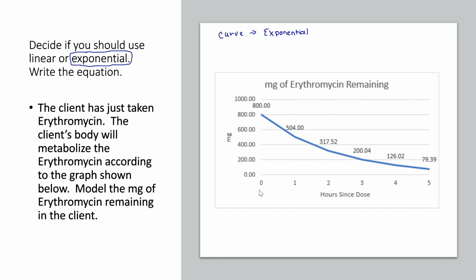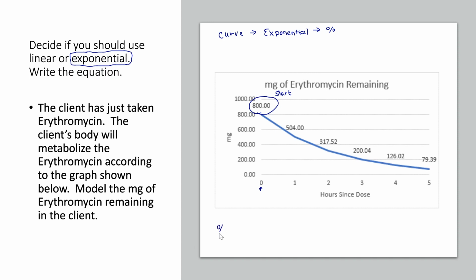So again, when I look at my graph, I notice that I have a time is 0 here, and that is really helpful so that I know this 800 is my start. Now, because it is exponential, instead of discussing slope, we need to find percent because exponentials work with percent. So I need to do percent change.